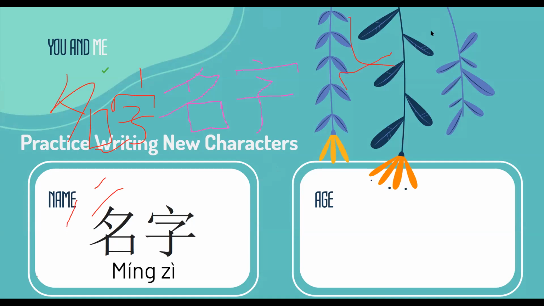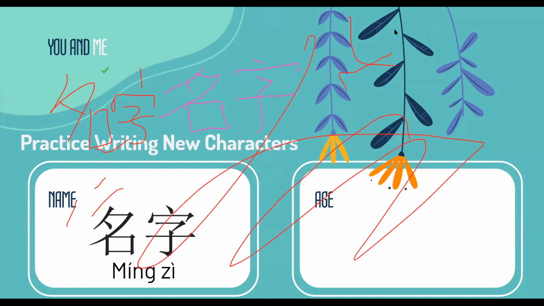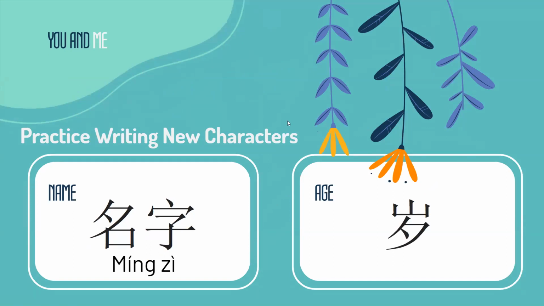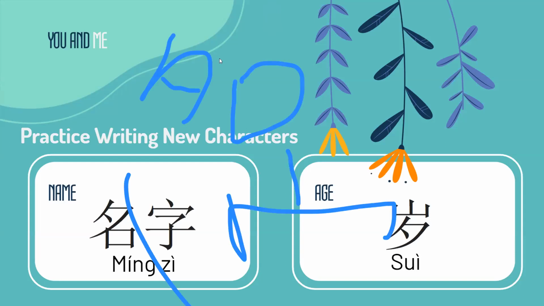Okay. Oh, someone's drawing it here. Ooh, someone drew a big squiggle. Here, I'll clear that. And then we can move on to 岁. So it's just 岁. Yep, that's 名字. That was good.